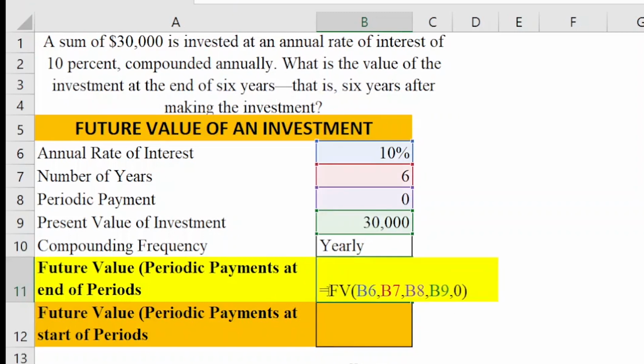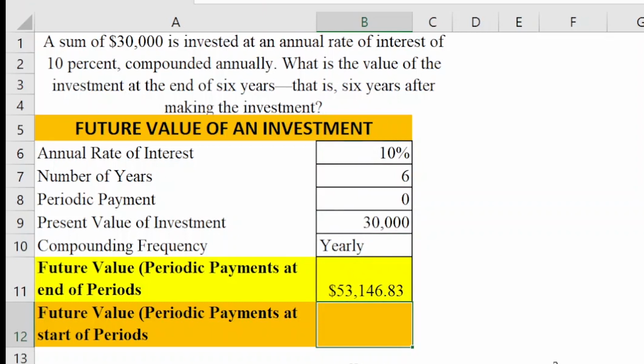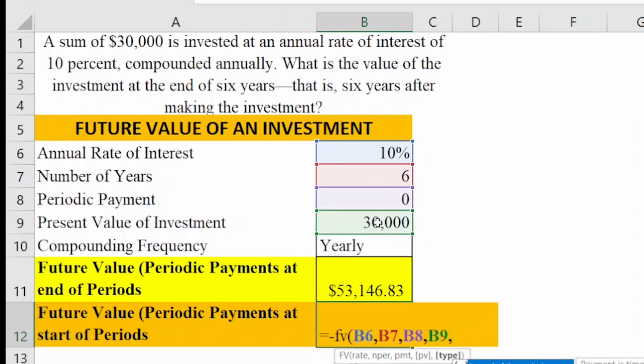Before applying this formula, we will press the minus sign to bring this into positive, that is the future value is 53,146.83. If we have made this payment at the start of the period, then the future value will be minus FV, start the parenthesis, rate 10%, NPER number of payments, that is 6, payments 0, present value 30,000, and 1 if the payments are made at the start of the year, close the parenthesis, press enter.